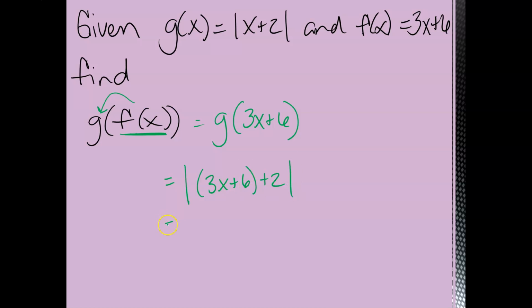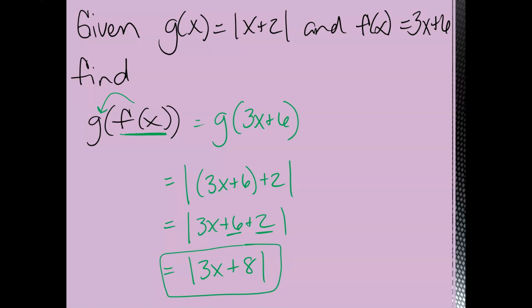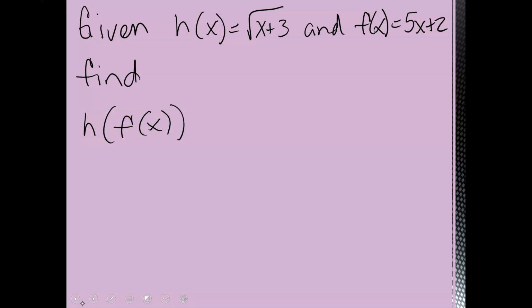I don't need those parentheses, so I'm going to drop them. I can combine the 6 and the 2, which is going to give me the absolute value of 3x plus 8, and that is all I can do. Okay? All right, next one.